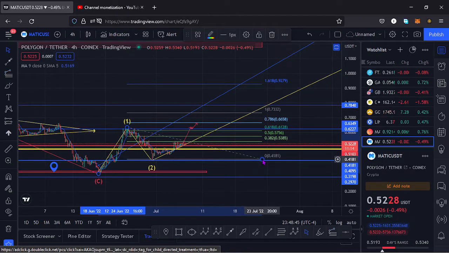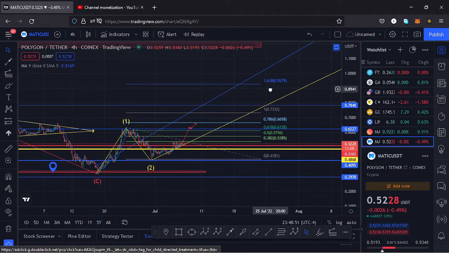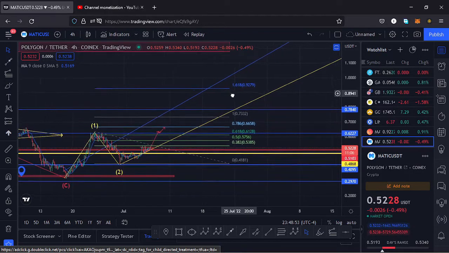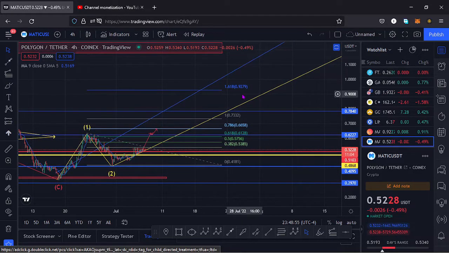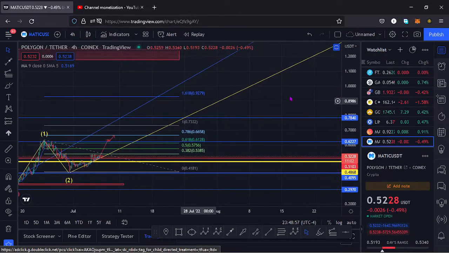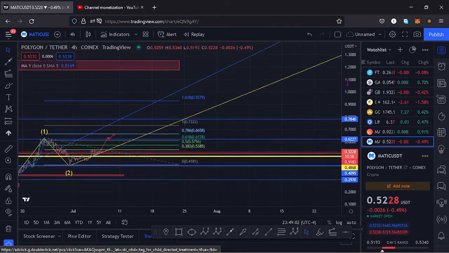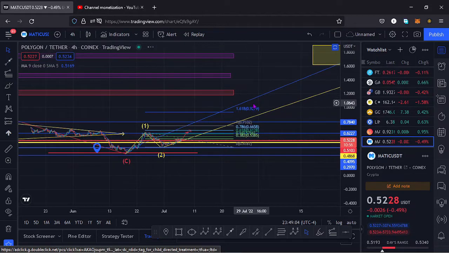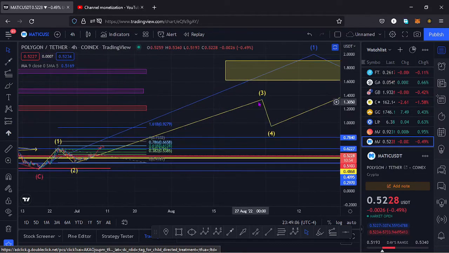You can see that we get a maximum target at the 1.618 fib level. Not the dollar mark, but the fib level. And that gives us a target area of $0.92 mark. That is the minimum that I'll expect that wave 3 to the upper side to do.